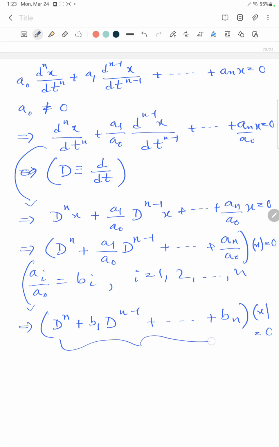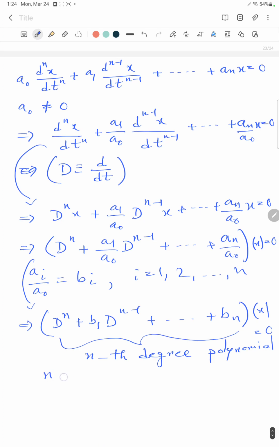Now this is an nth order polynomial, and by the fundamental theorem of algebra, this nth order polynomial will have n roots. Some roots may be the same, all the roots may be distinct, roots may be real or complex, anything.